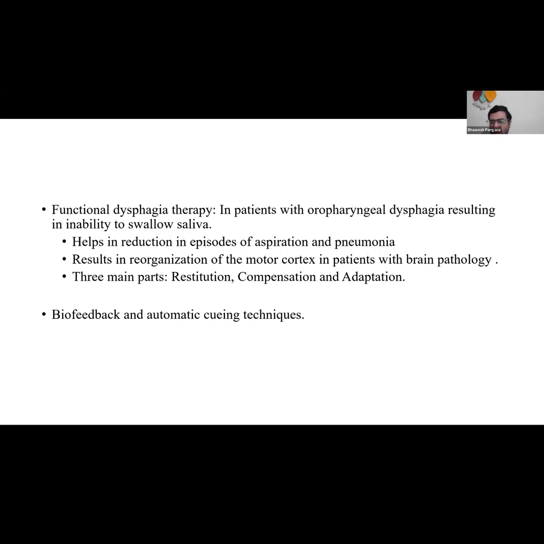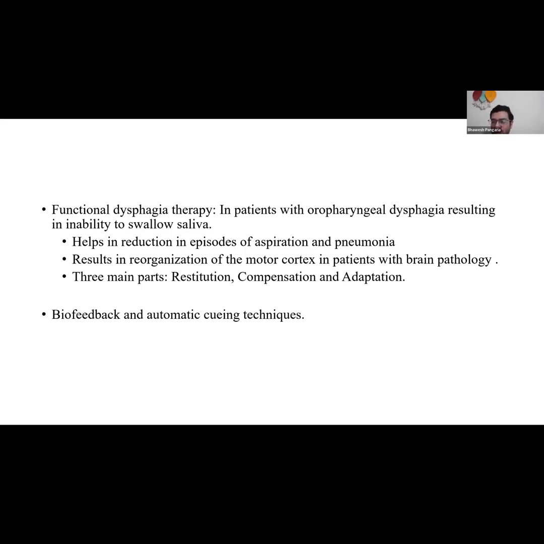Restitution is also called indirect swallowing therapy. First, a stimulus is given for the swallowing part, and the abnormal responses are assessed. First of all, we try to correct the abnormal responses by various exercises. Then as the stimulus is given, the swallowing reflex is also initiated.